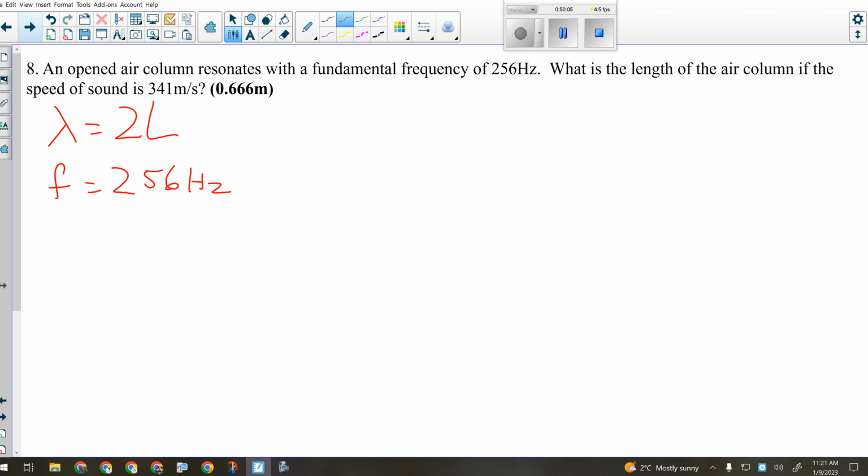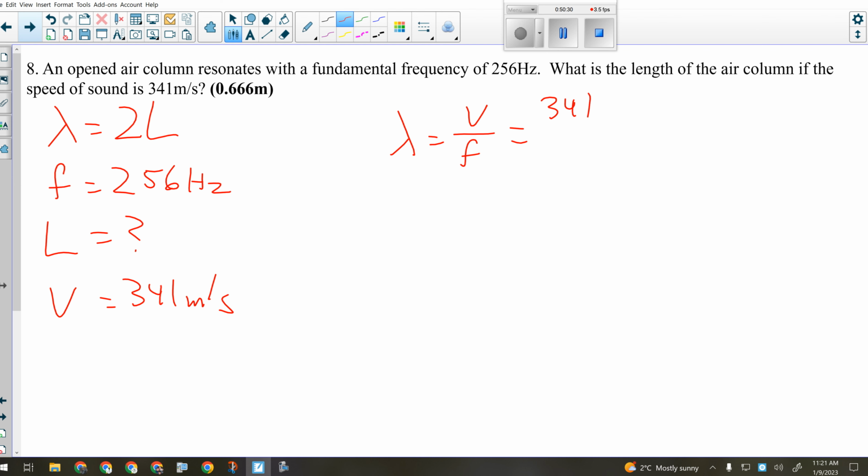We are looking for the length of the air column if the speed is 341 meters per second. Am I doing pretty much the same thing I did for the last one? So I have to find out what lambda is. V over F, 341 over 256.